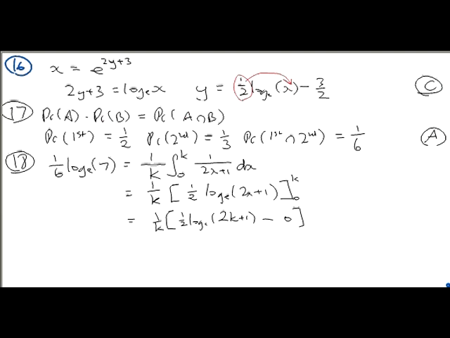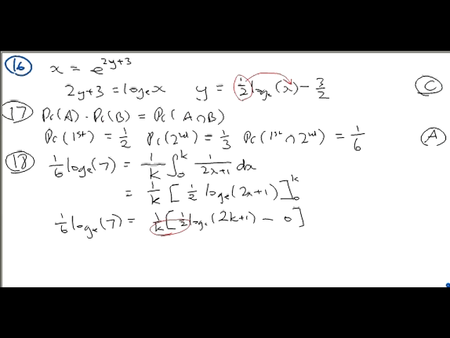So, time to do some comparison. Here you go. 1/6 log 7 equals 1 on 2k, log of 2k plus 1. You can see that if you just try some values in there, the outside, well, 2k, this part kind of has to equal 6, right?